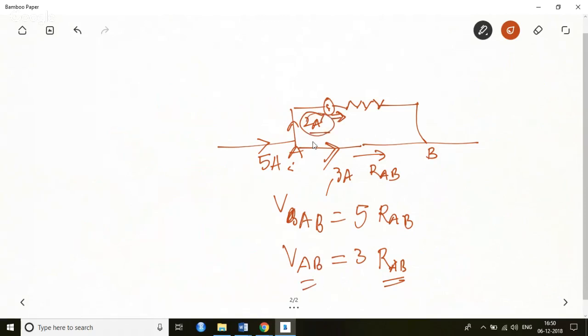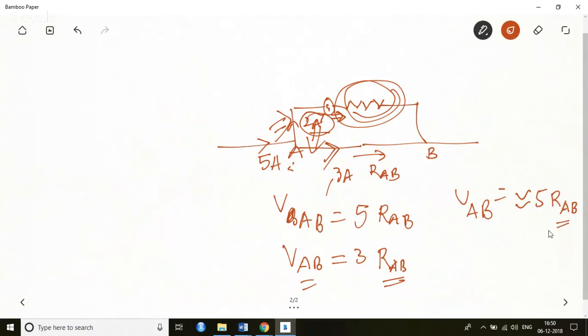To reduce this 2 ampere to a negligible level, I will increase this resistance such that a small current goes over there, so that VAB would be nearly equal to 5 into RAB. So that's how this arrangement would be made.